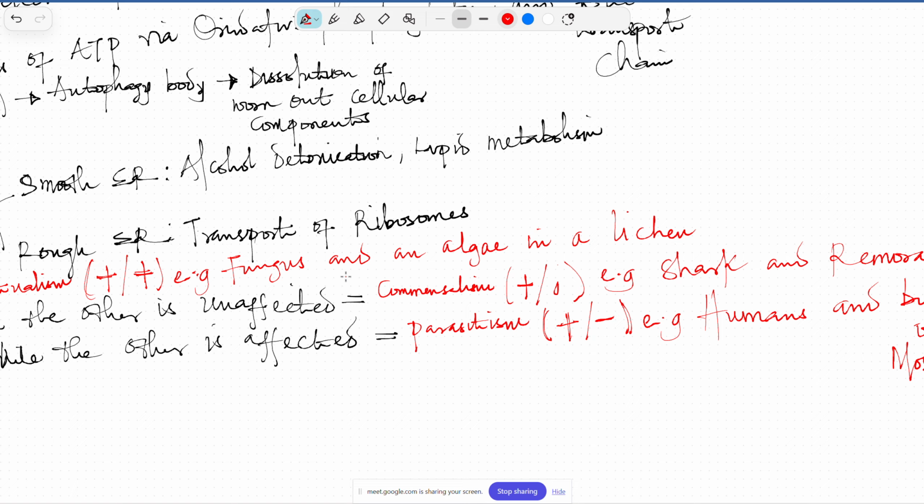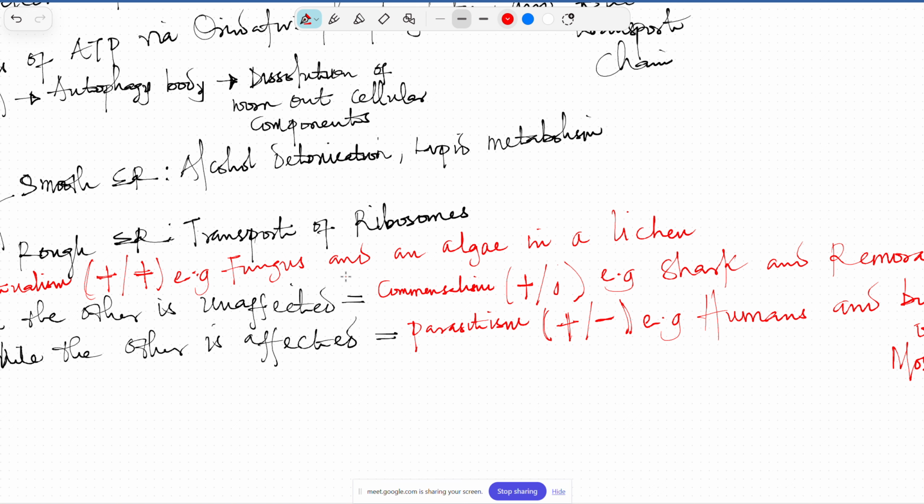So fungus and algae in a lichen. The function of the fungus is to supply moisture. As we all know, for manufacture of food to take place via photosynthesis, water is one of the requirements. So fungus provides that moisture for algae to manufacture food.